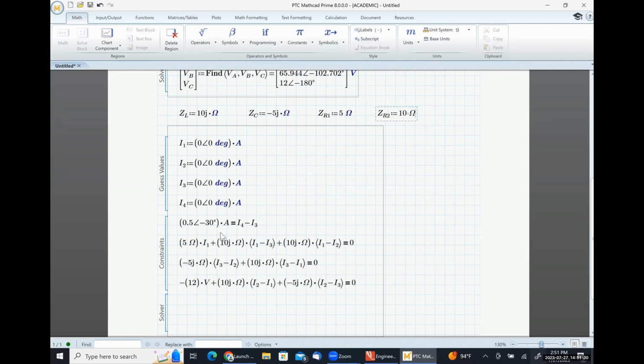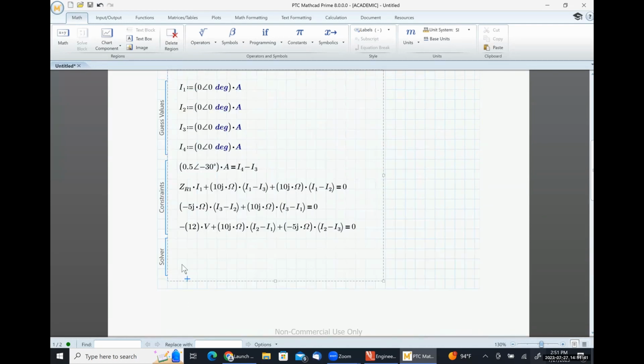All right, so right here, this would be a ZR1. Let me bring that find thing back here, just so we can see at what point this works, if it does.